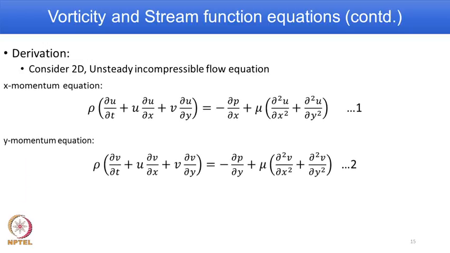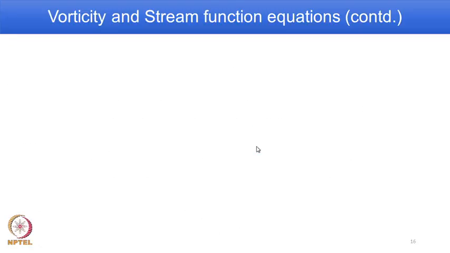They are repeated here, the x momentum equation and the y momentum equation, and the continuity equation is also written here for the sake of completeness. Now, what do we do? The x momentum equation is referred to as equation 1 and the y momentum equation as equation 2. So, we are going to do some manipulation of these two equations.